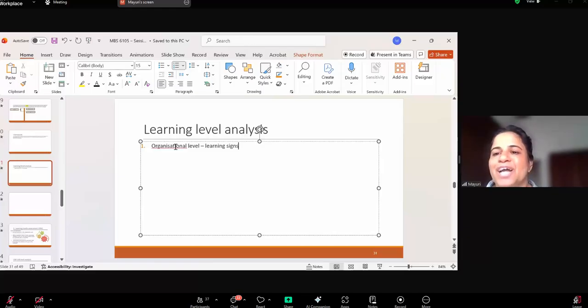Again, everyone is having a skill gap. So when the learning sign is across the organization, if the entire organization is responsible for that, then we call that an organizational level learning need.